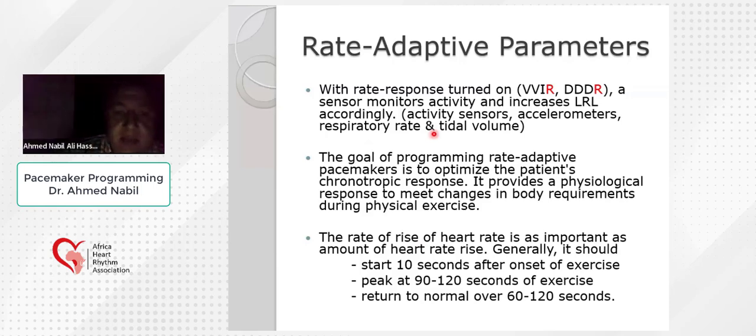Programming the rate adaptive pacemaker can increase the rate in, for example, VVI patients who have a stable rhythm, which is a constant lower rate limit at, for example, 60 or 70 beats per minute.